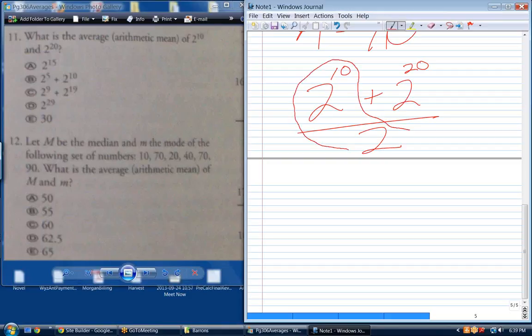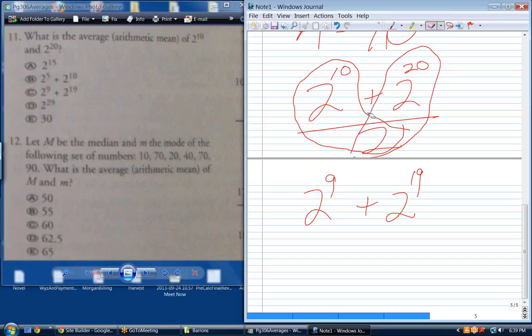I can split it into that, and I can split it into that, and add them together. Right? Okay. This one becomes 2 to the 9th, because it's 2 to the 10th divided by 2 to the 1st. Plus 2 to the 19th. And that doesn't appear to help, except if we look at the answers, that's the way they're giving the answers. So it would be C.